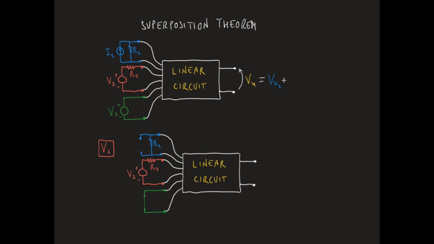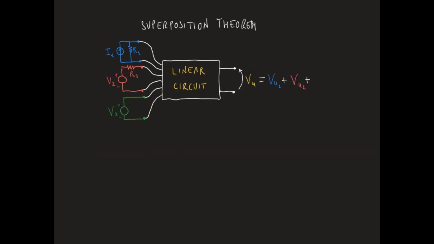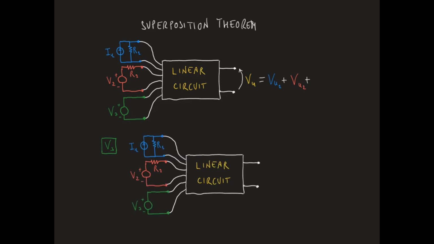Let us call Vu2 the response of the circuit to V2 alone. Eventually, we will consider the response of the linear circuit to V3 alone. Again, to do that, we need to switch the other two sources, this time I1 and V2, off. Let us call Vu3 the response of the circuit to V3 alone.